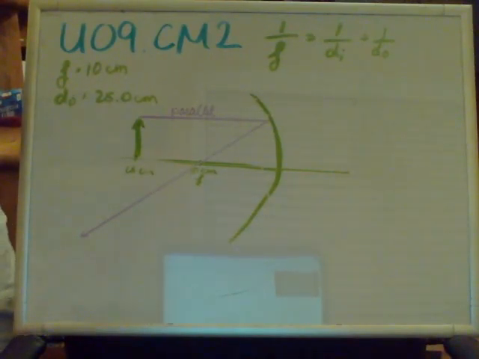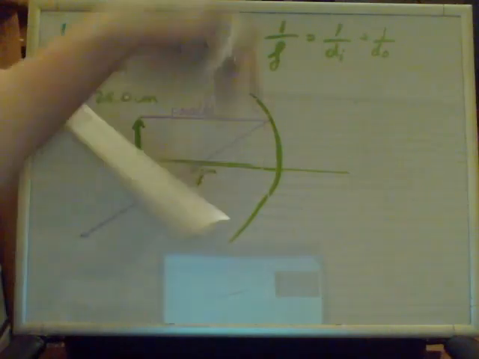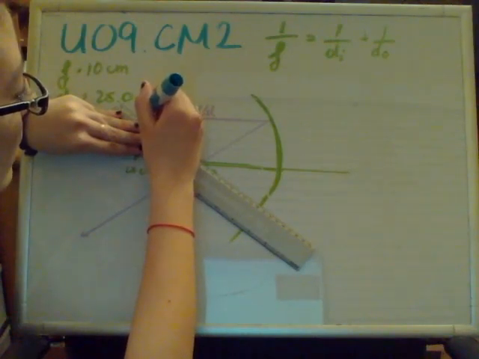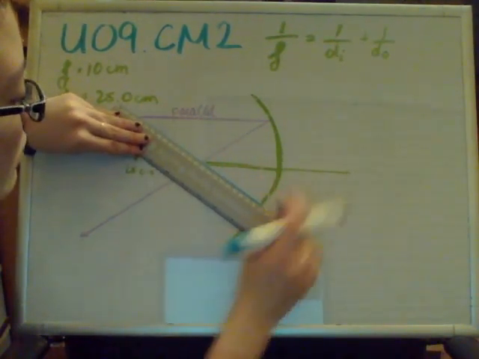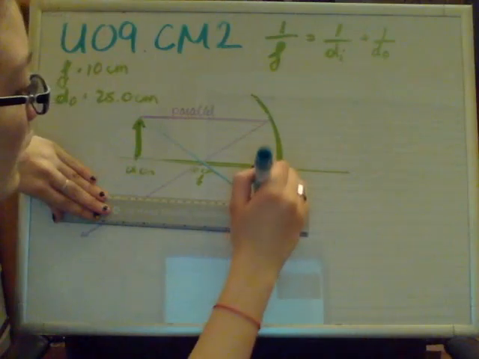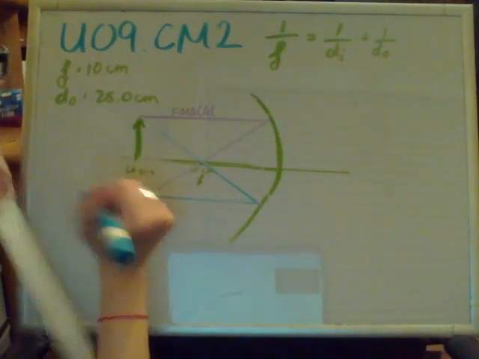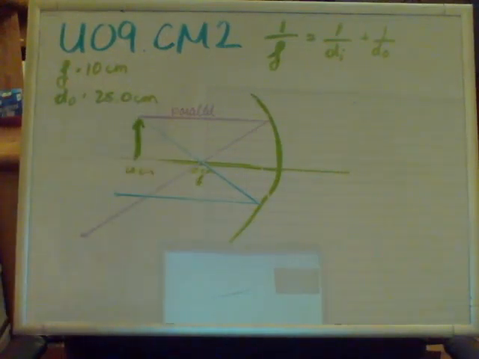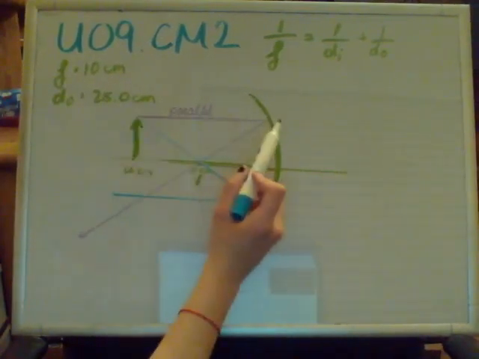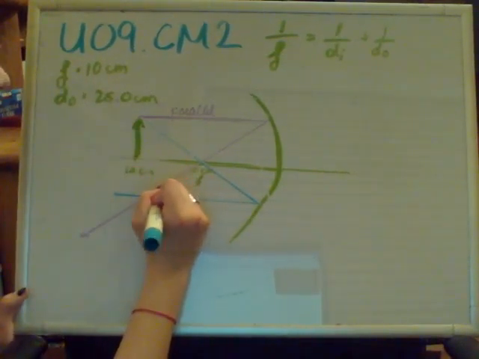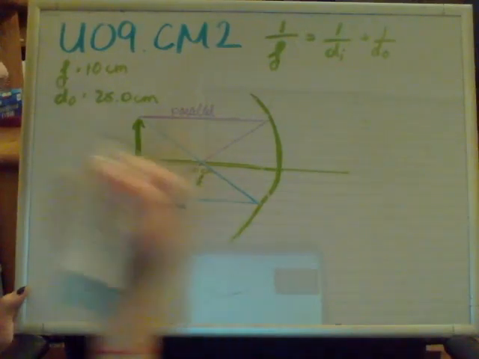The focal ray is the ray which goes through the focal point, straight through, and comes out parallel, like that. So it's the opposite of a parallel ray, because instead of going parallel and then through the focal point, it goes through the focal point and then parallel. This is our focal ray.